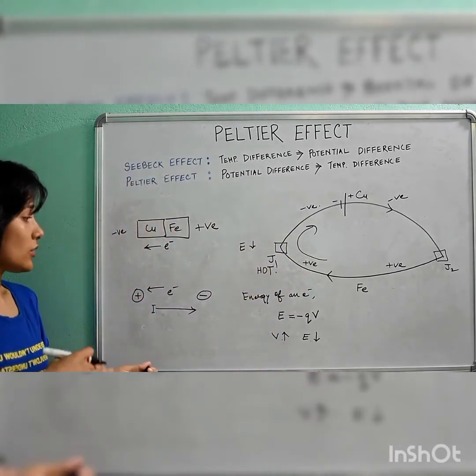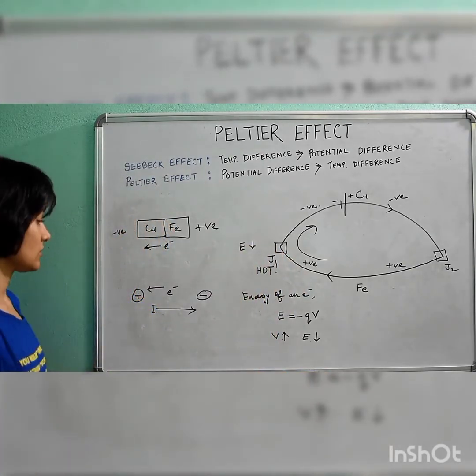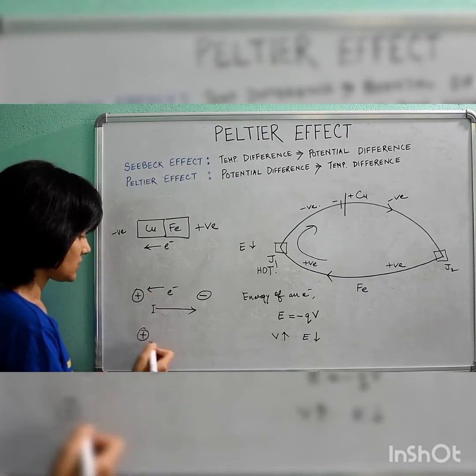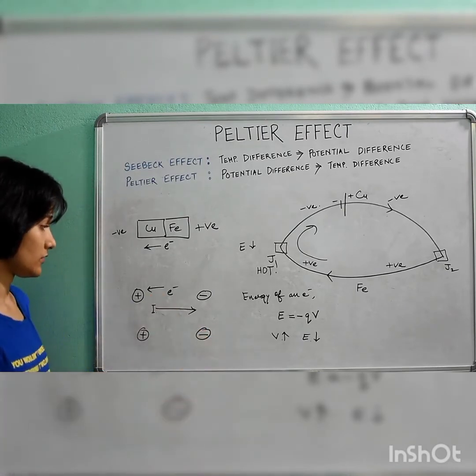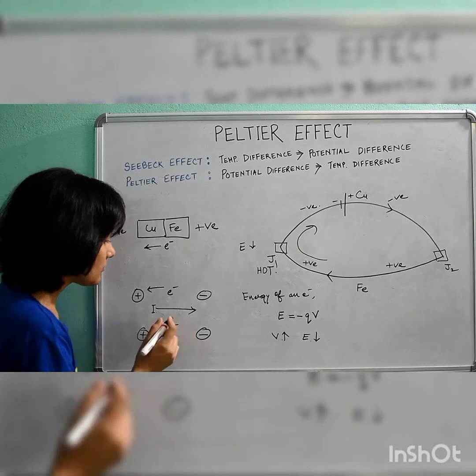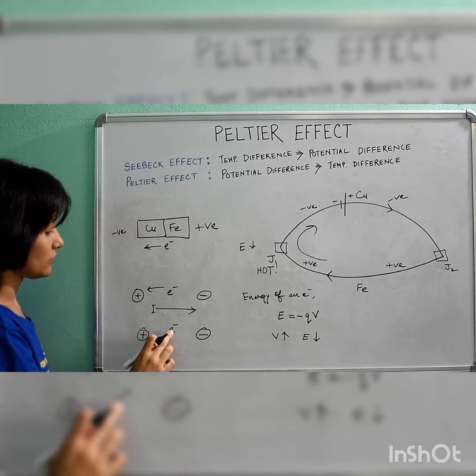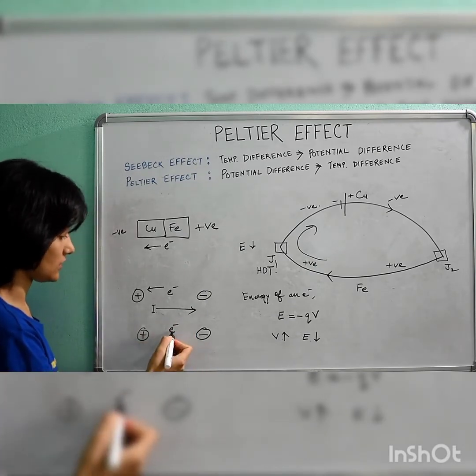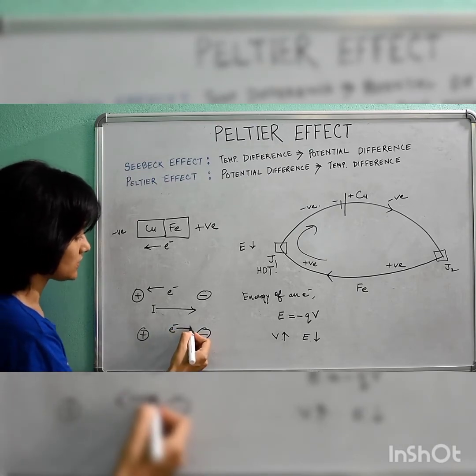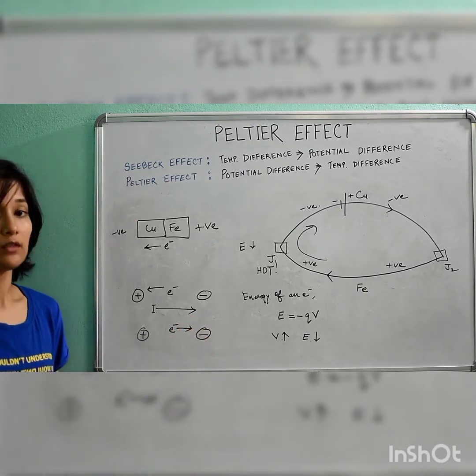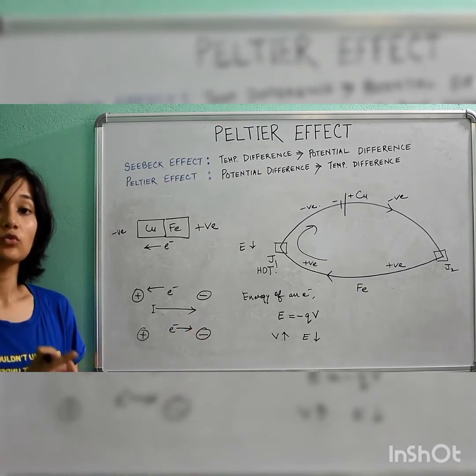Now let's look at the opposite case. If this is the positive terminal and this is the negative terminal of the battery, and I make the electrons flow in the reverse direction, that is from the positive towards the negative potential, which is not the natural way, then I have to do some work.